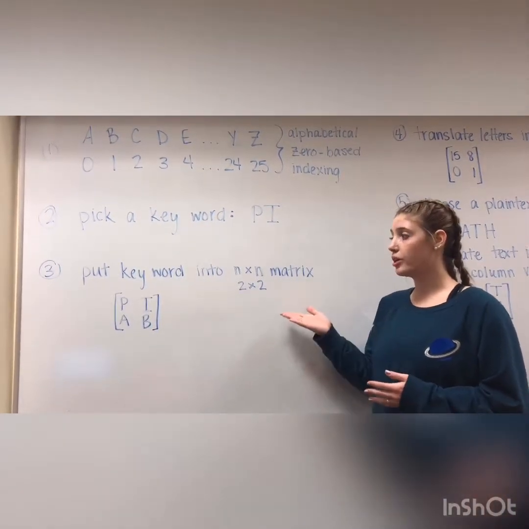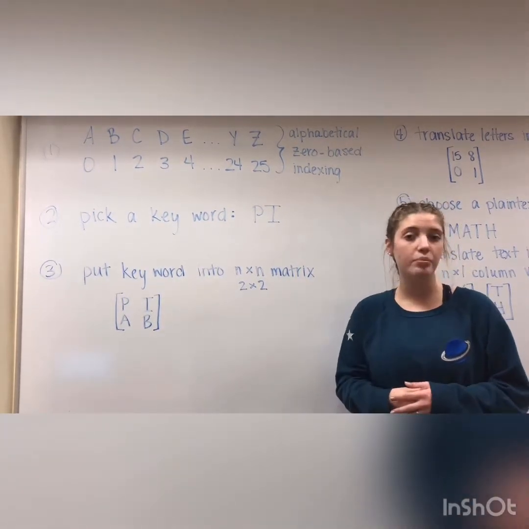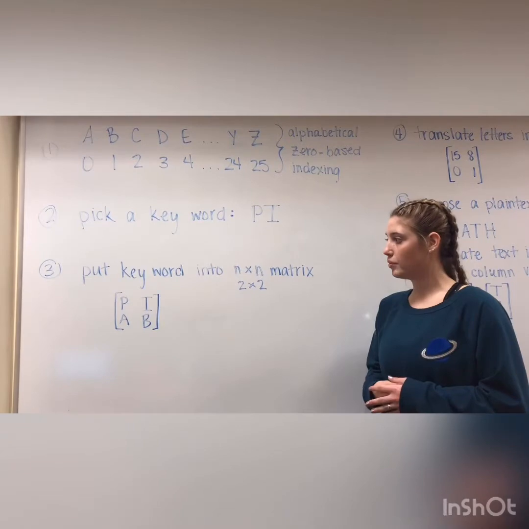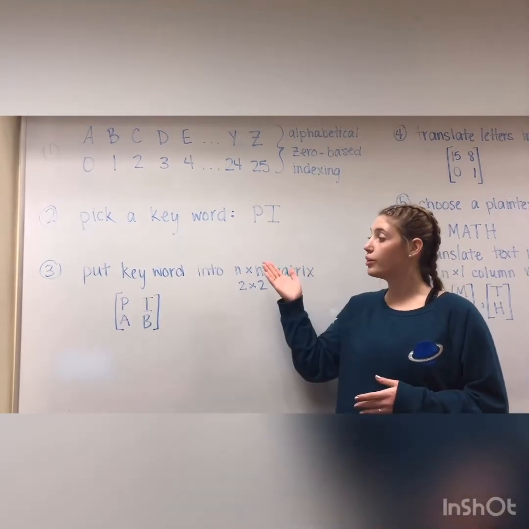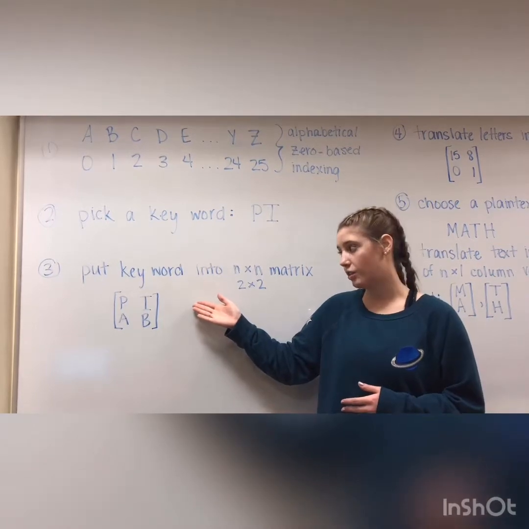Step 3 is to put our keyword into your n by n matrix, but for our example, it will be 2x2. So since our keyword is only 2 letters instead of 4, we have to add a few letters.